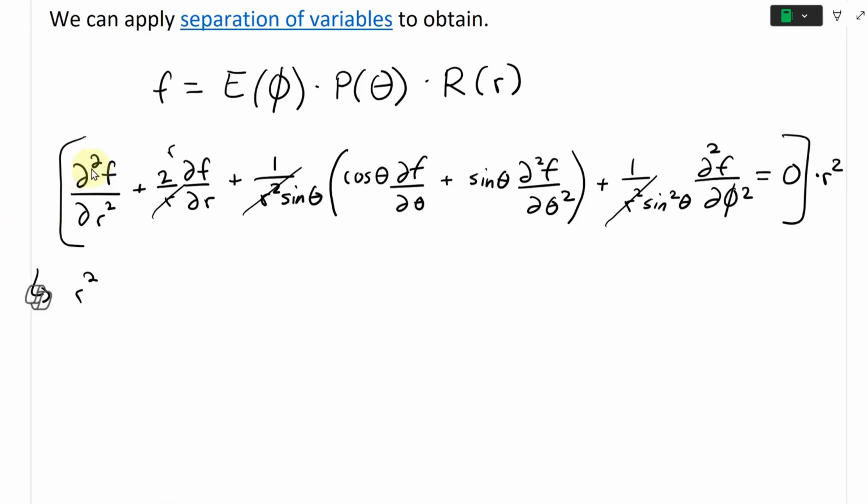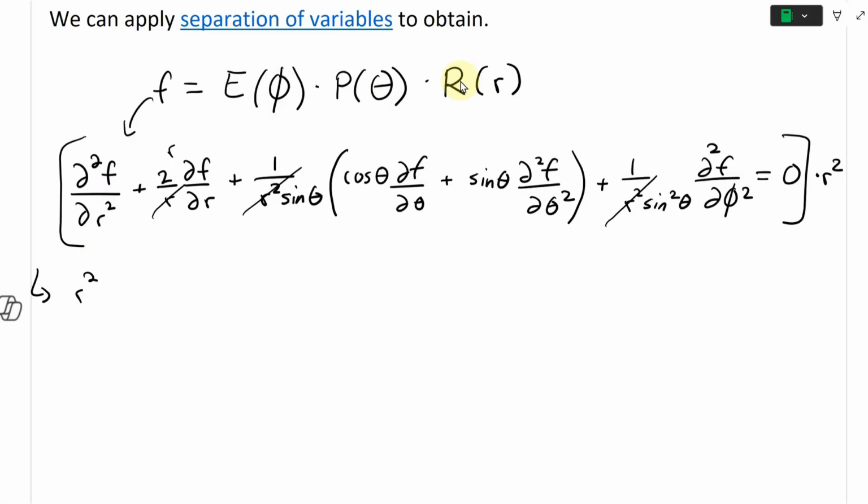And now instead of writing the second partial derivative of f in terms of r, we'll just put the f inside. This is the same thing because these are just functions of phi and theta. So if we take the second partial derivative of f in terms of r, these ones aren't included.